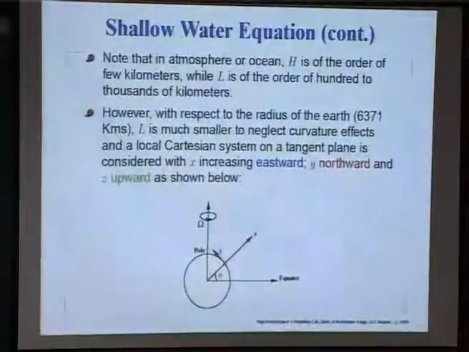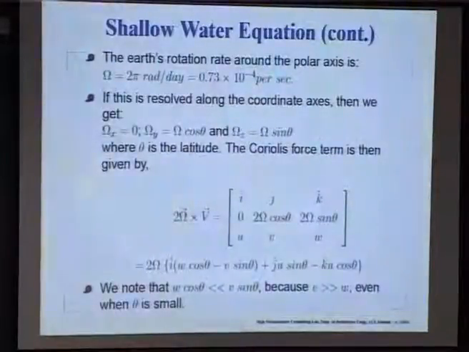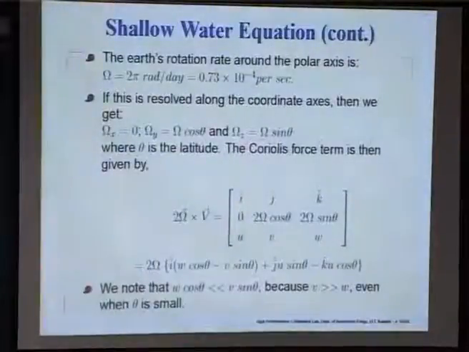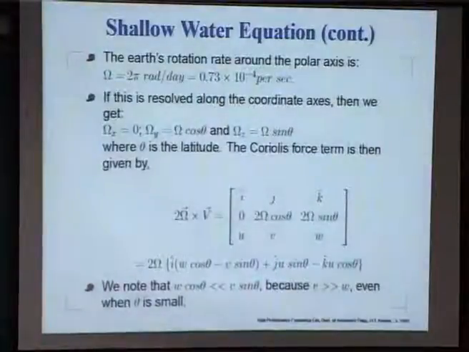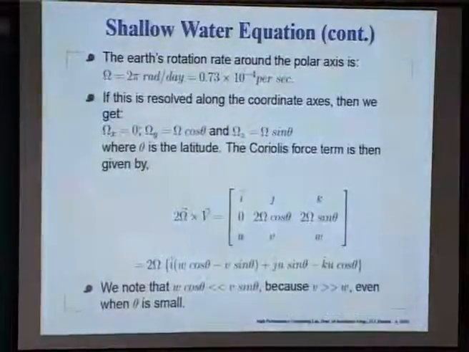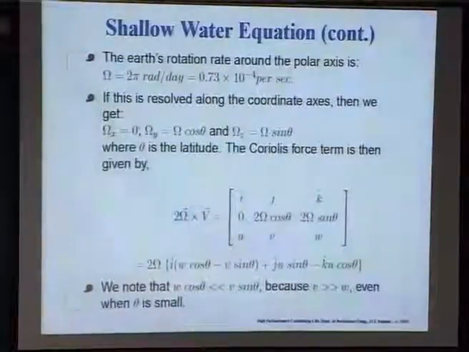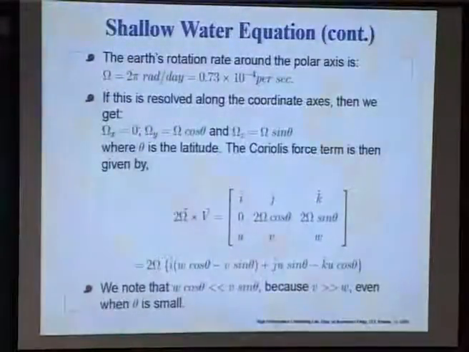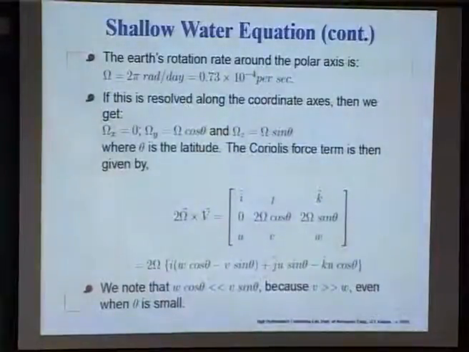So, we can decompose it in the x, y and z direction, and as a consequence we notice that in the x direction you get nothing because it is perpendicular to the plane, whereas in the y direction we have omega cos theta, and the z direction we have omega sin theta, and with theta as the latitude you can evaluate the Coriolis force terms by looking at this vector product, and this is what you get, all the 3 components present there.